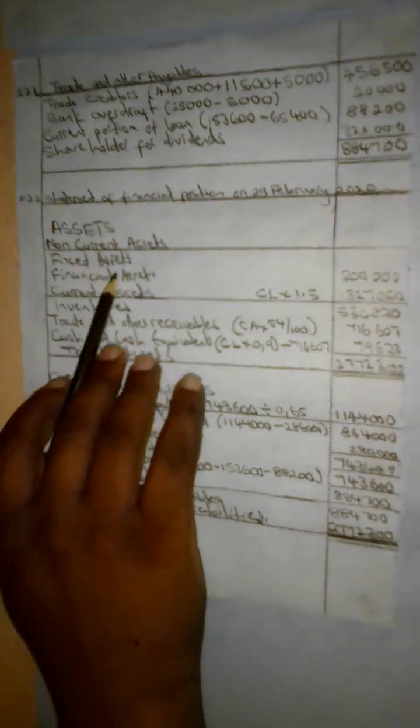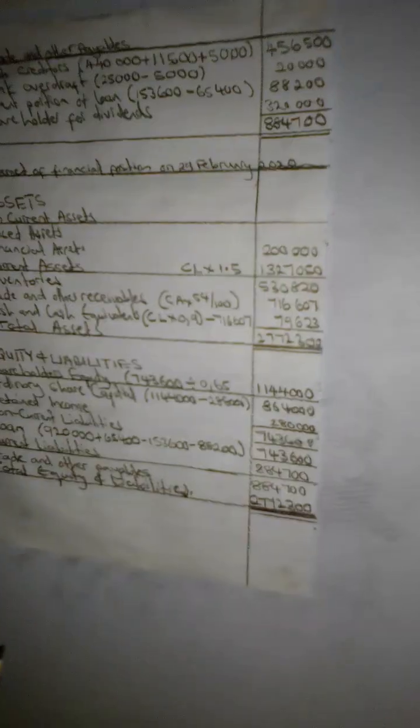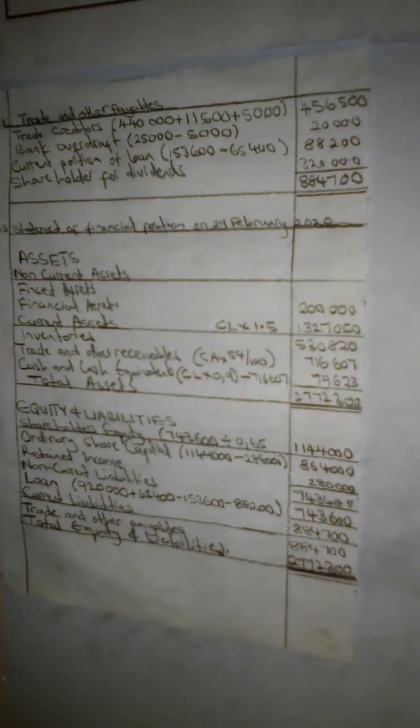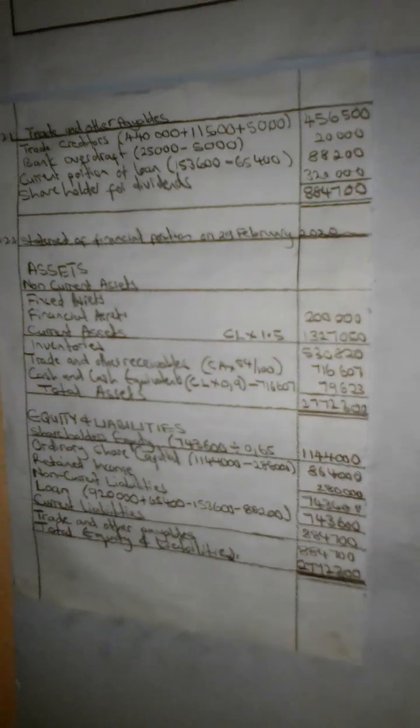Okay, so we have got the total equity and liabilities. We have got the total assets. What is it that is still missing as per our question? We still have got the amount for the non-current asset, which is still missing, and also the amount for the fixed asset, which is still missing, so that our balance sheet can actually come to a completion.